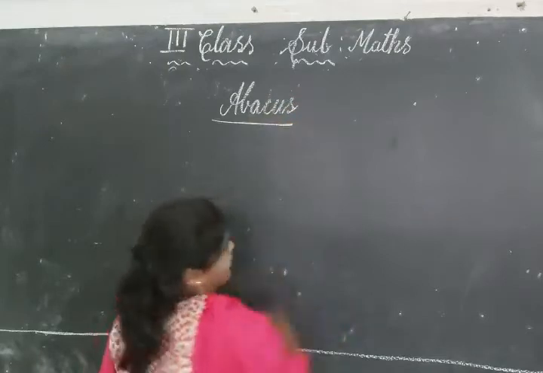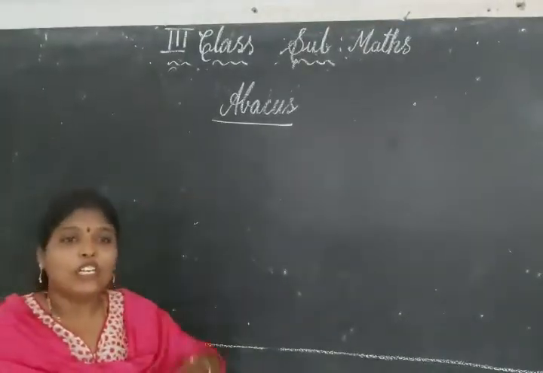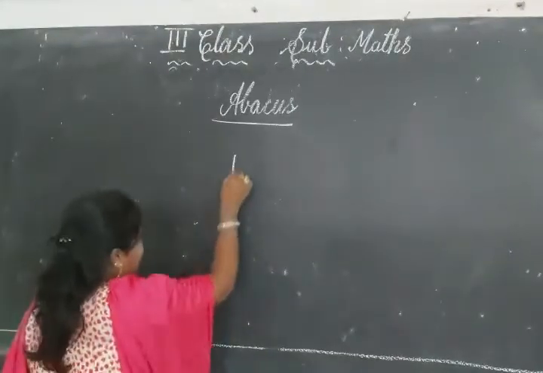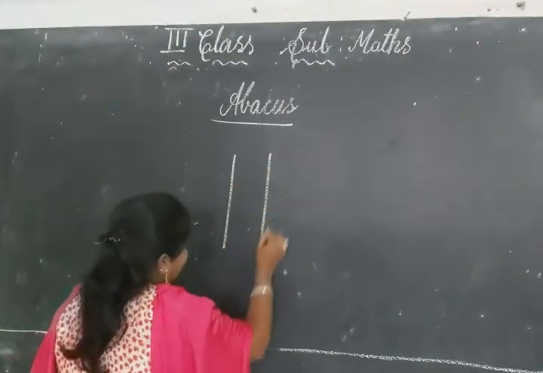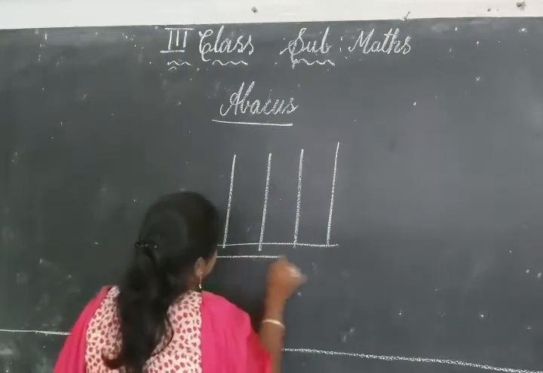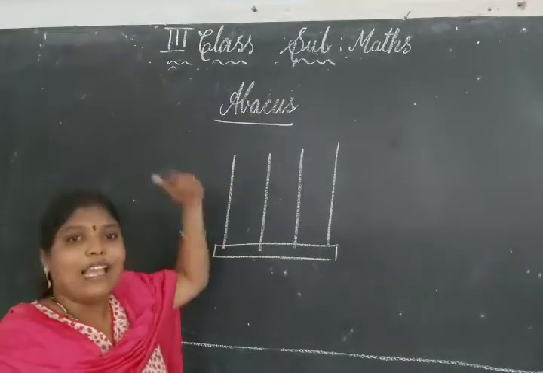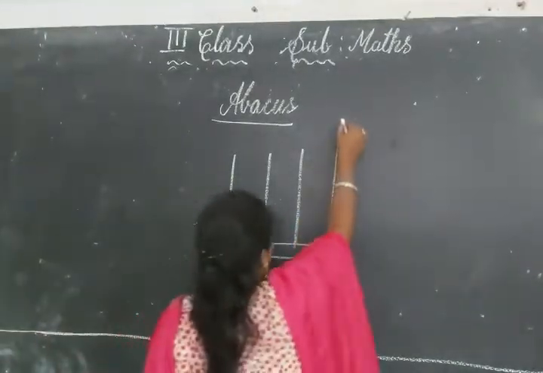To draw an abacus, you have to draw vertical lines and write place values above the vertical lines.